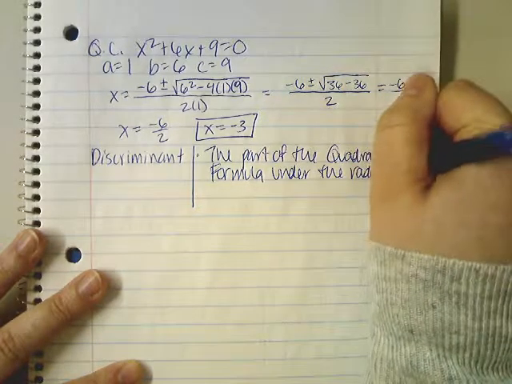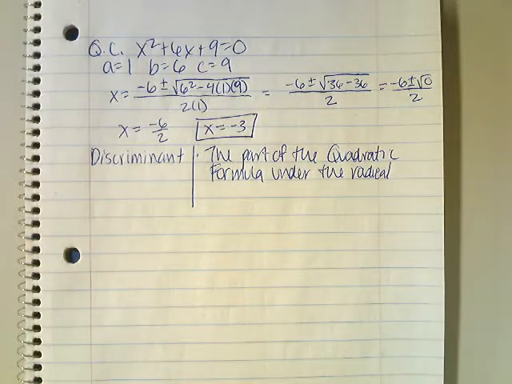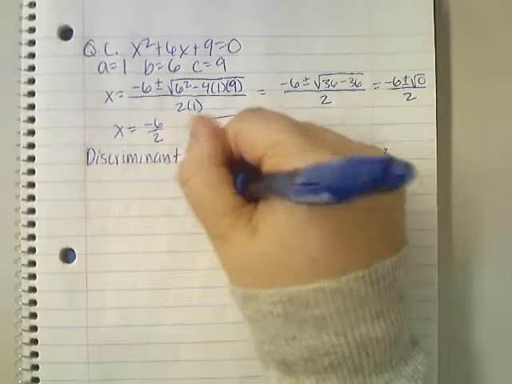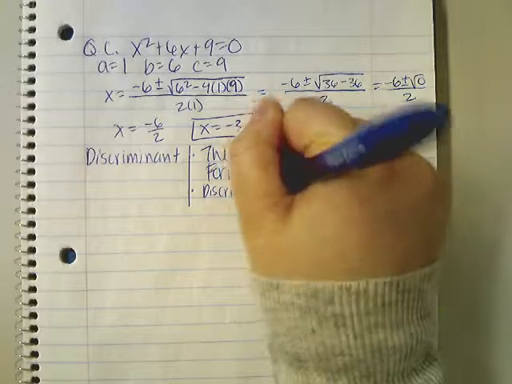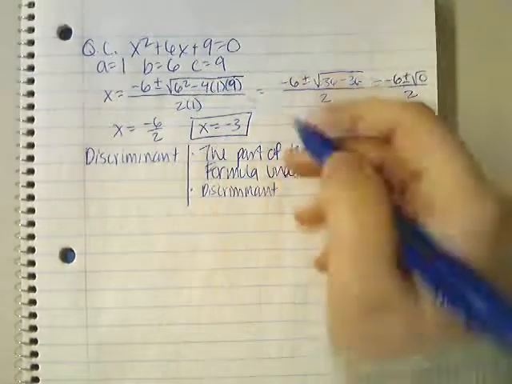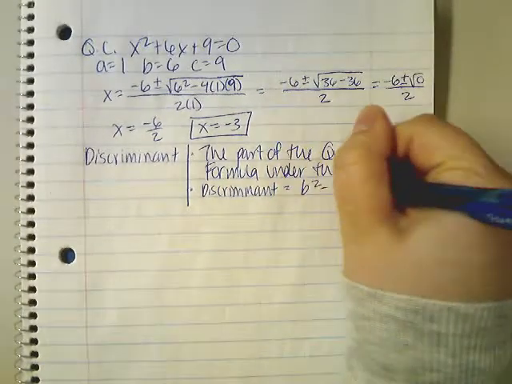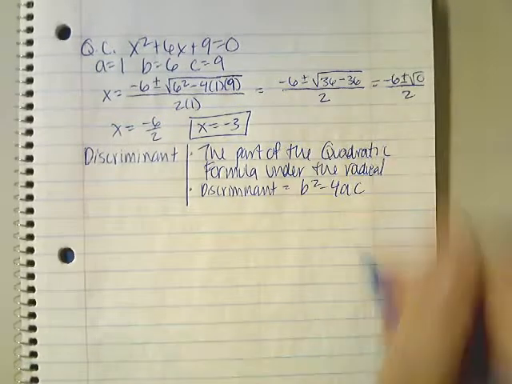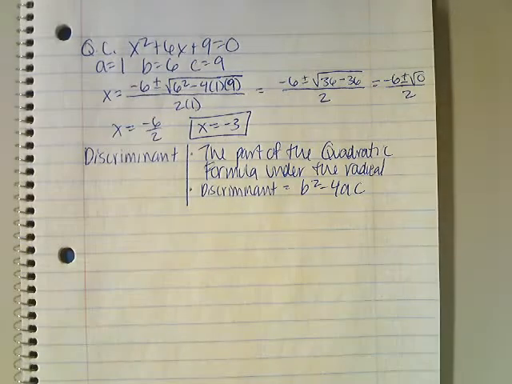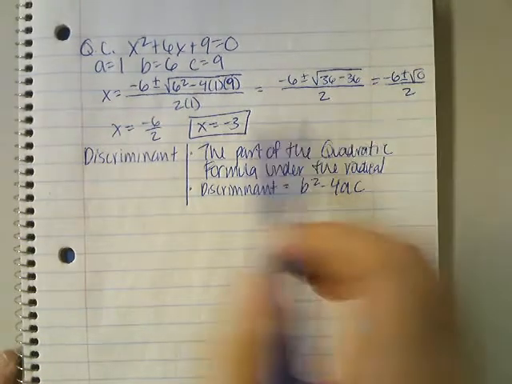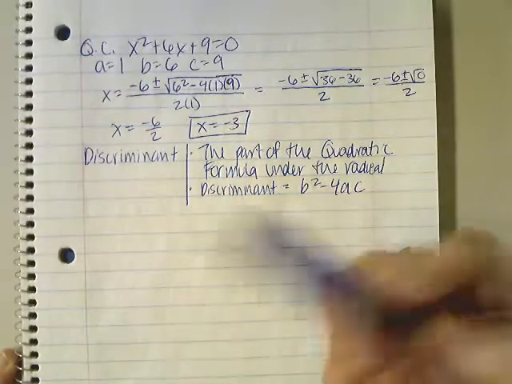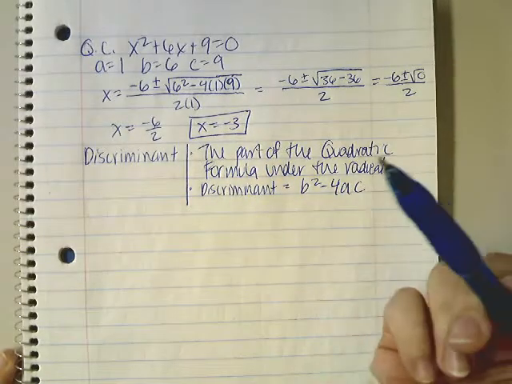So the radical again is our square root sign. So the discriminant is equal to this part, which is b squared minus 4ac. So our discriminant is b squared minus 4ac.